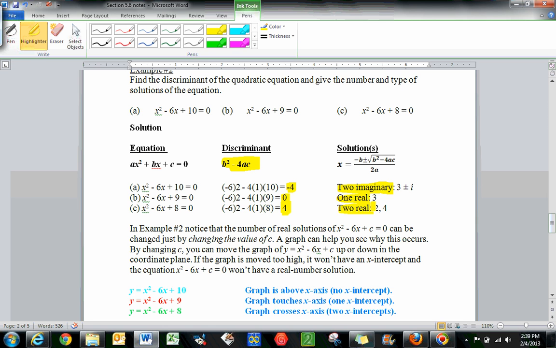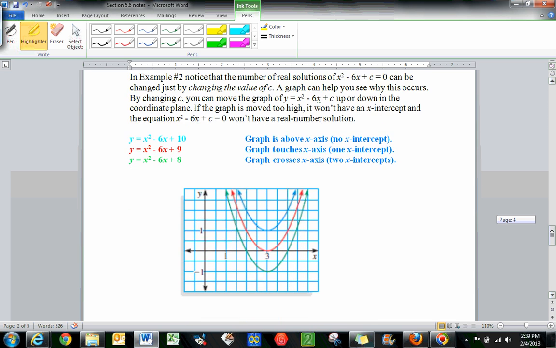Now, what we're going to see next is something that we've talked about extensively in class, and that's the relationship of the types of solutions, or the root values, in relation to the graph. You can see with these three different quadratic functions, the only thing that we've changed is the c value. In changing that c value, we have graphed each of the quadratic functions, and you can see that in one case we hit the x-axis twice, here and here.